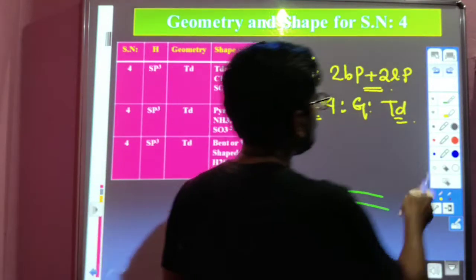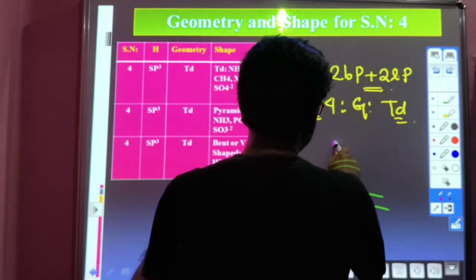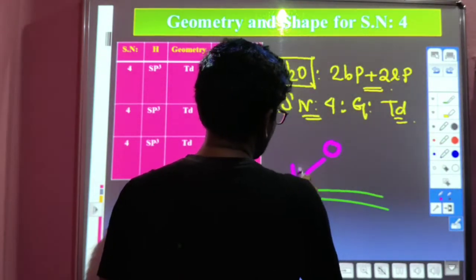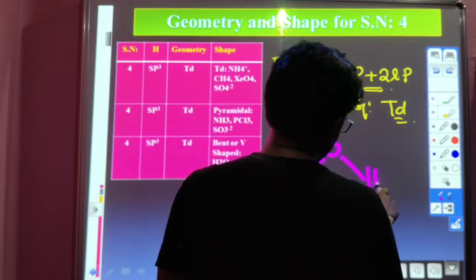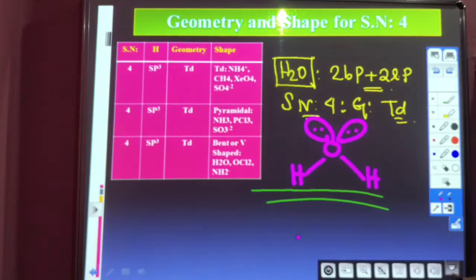Shape. Okay, let me draw that. Oxygen, this is hydrogen, lone pair of electron, this is lone pair of electron. Okay.